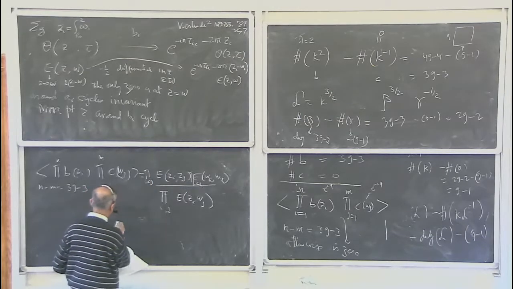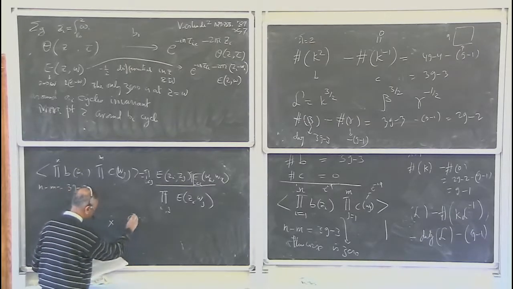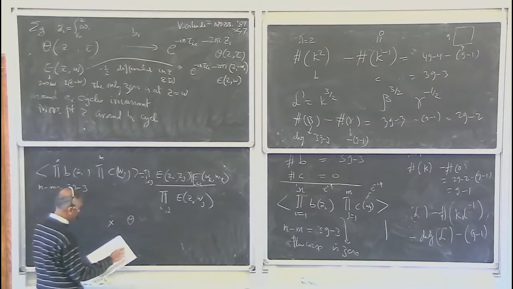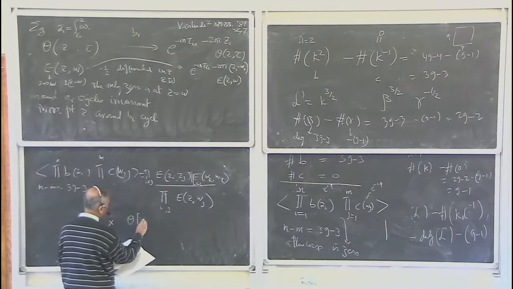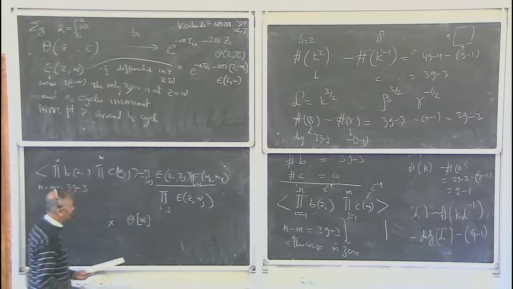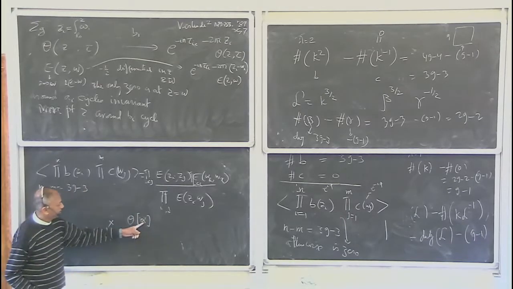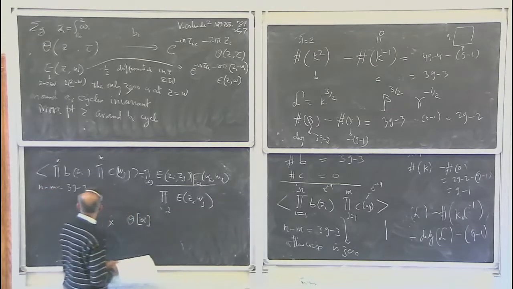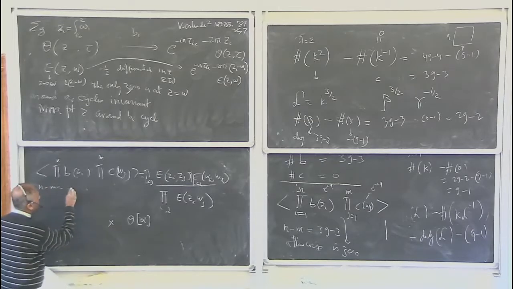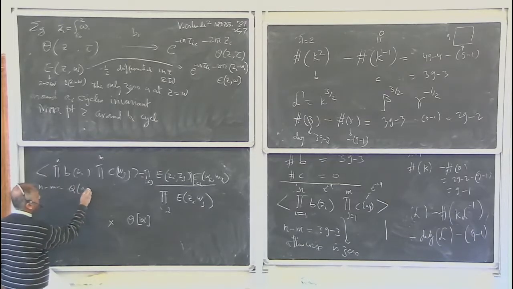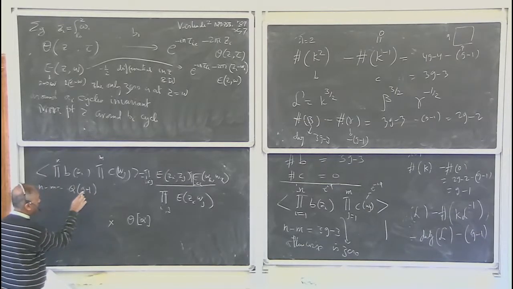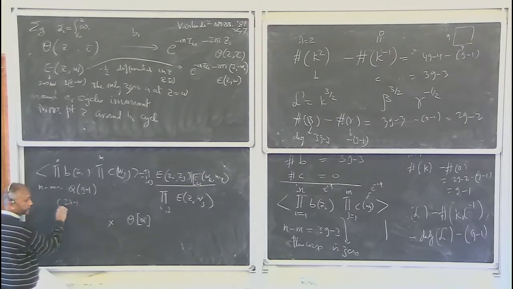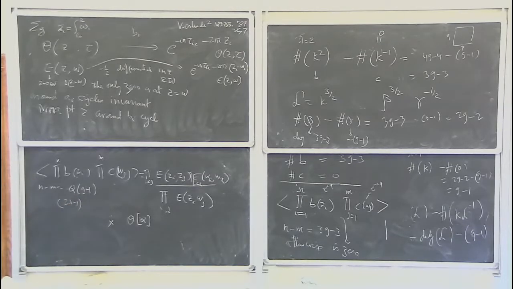So this whole thing is times a theta function of, I put here alpha, okay? Because this is the general statement. It need not be just 3g minus 3. In general, it is Q times (g minus 1), where Q is 2 lambda minus 1.